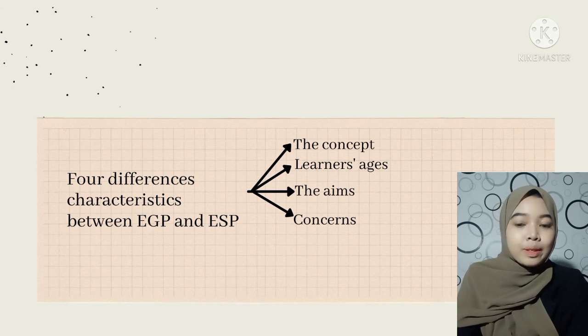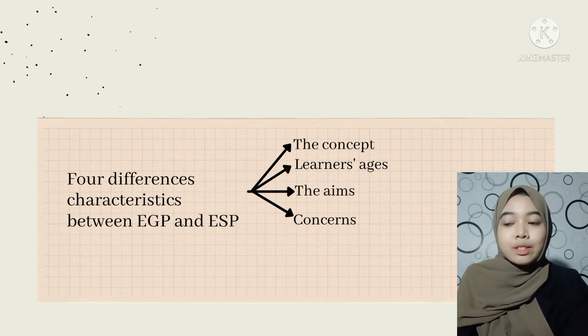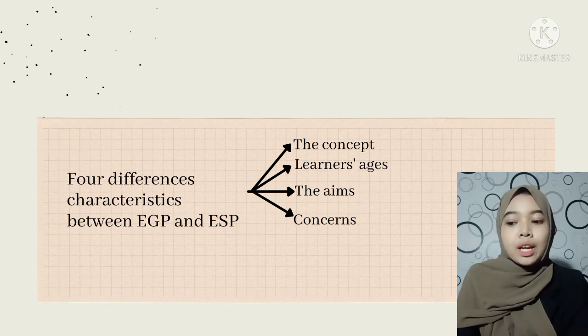The last difference in characteristics is concerns. The concerns of EGP are on vocabulary work, spelling, grammar, pronunciation, and language functions.